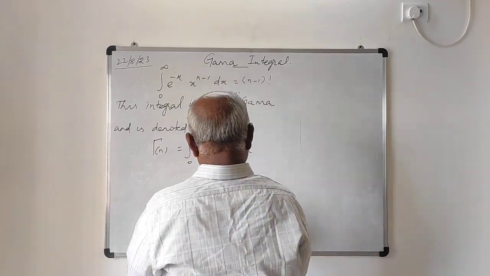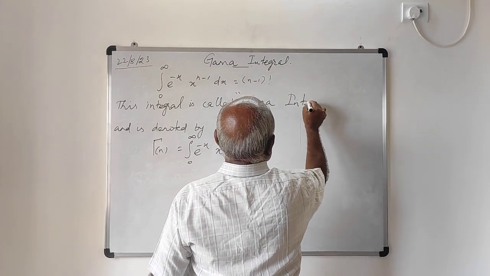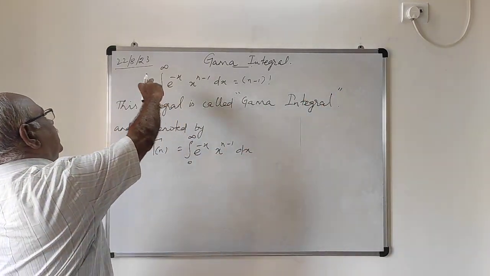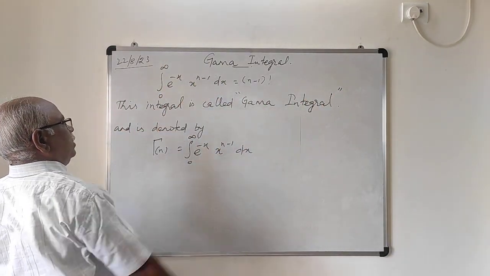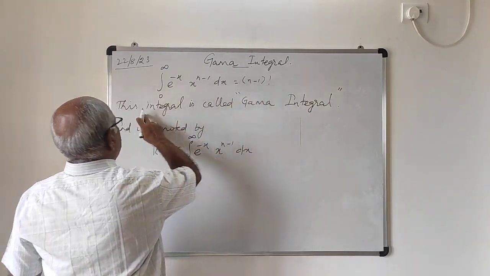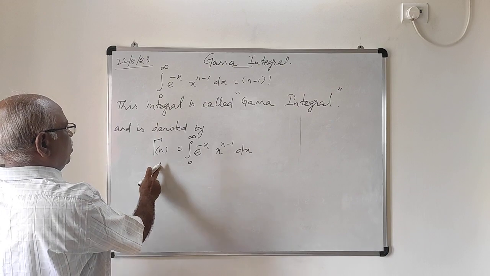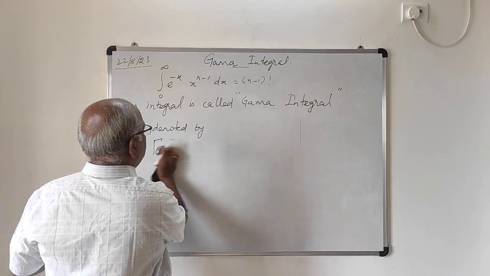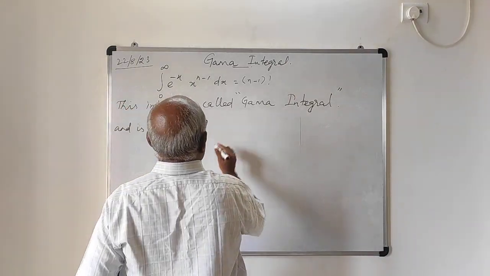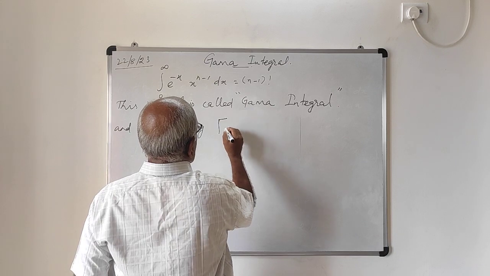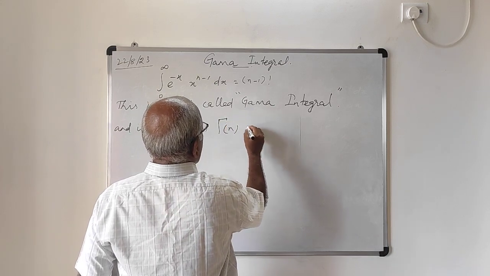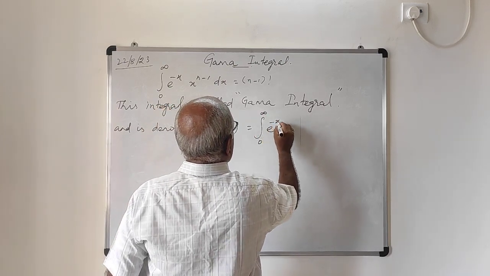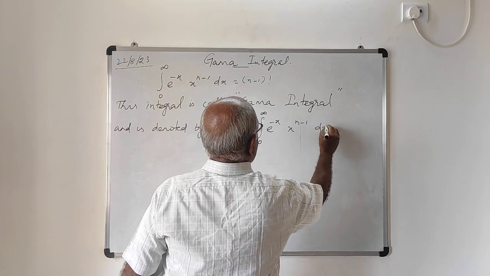This integral, the integral 0 to infinity e power minus x into x power n minus 1 dx, whose value is n minus 1 factorial, is called the Gamma integral and is denoted by gamma n, which is equal to integral 0 to infinity e power minus x into x power n minus 1 dx.